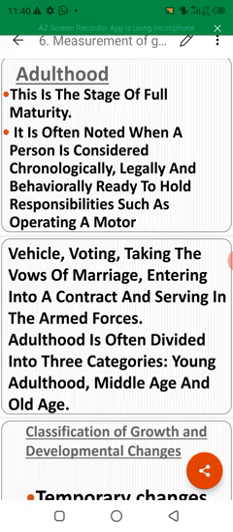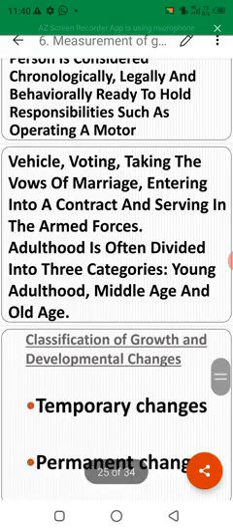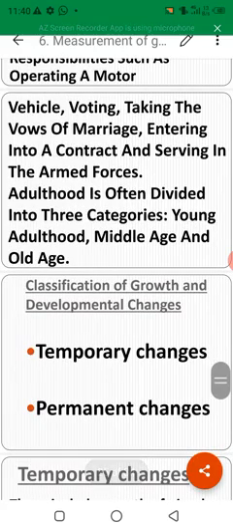You are ready to build a house for yourself to live in. You are ready to leave your parents and stay on your own and determine what happens to your life. So these are the stages of developmental growth and the features that accompany those stages.